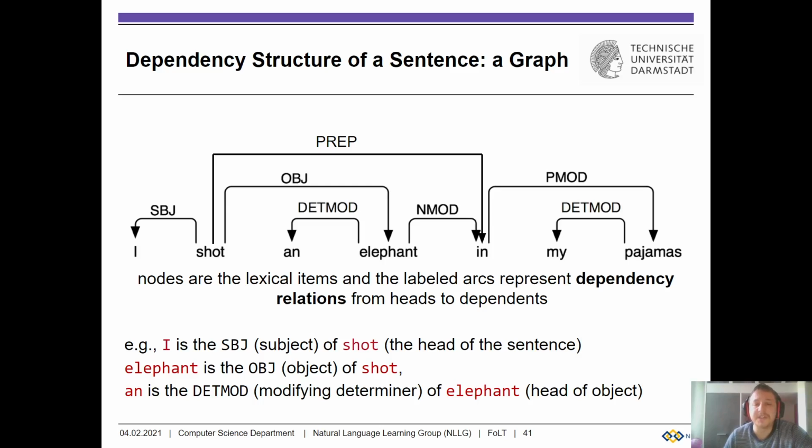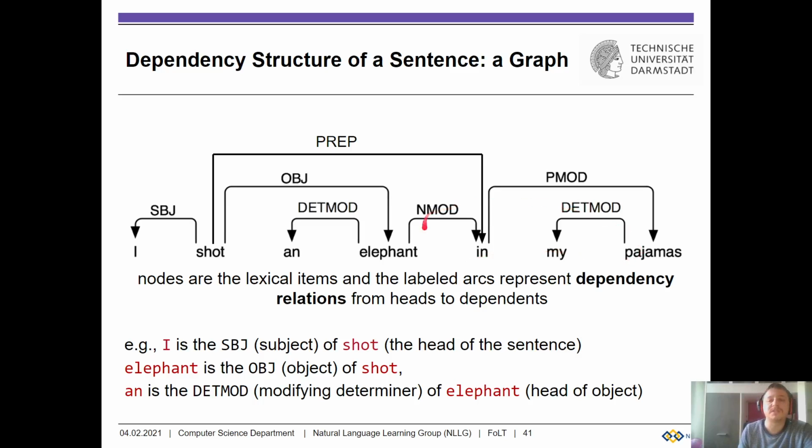Importantly, the dependency structure constitutes a graph. So you see, we have the sequence of words, and these can be considered as a graph where each word here is a node. So we have nodes, and those stand in an asymmetric relationship with each other. And one could also say that this is a particular graph, namely it's a tree, and the property of a tree is that it's connected, so you do not find elements which do not connect to any other parts of the sentence.